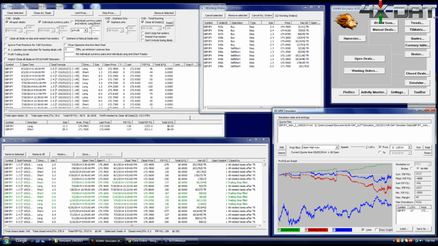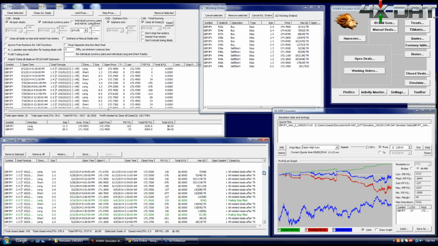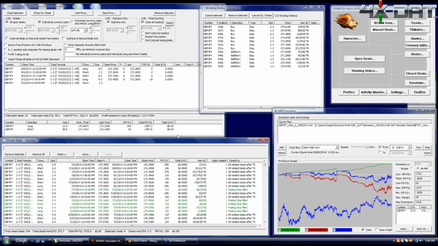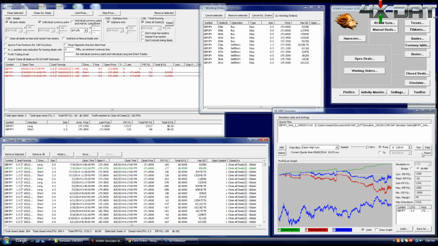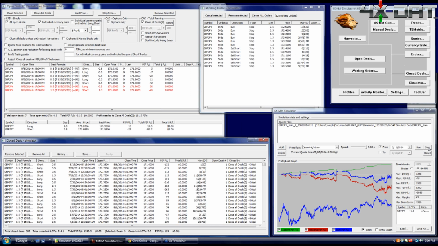Sometimes you're up a little more, sometimes you're down, and then eventually, boom, close all deals. And what really happens in the meantime is that we're taking profits out of the market that eventually will help us bridge the drawdown gap. There we go. I think we just had that global close.